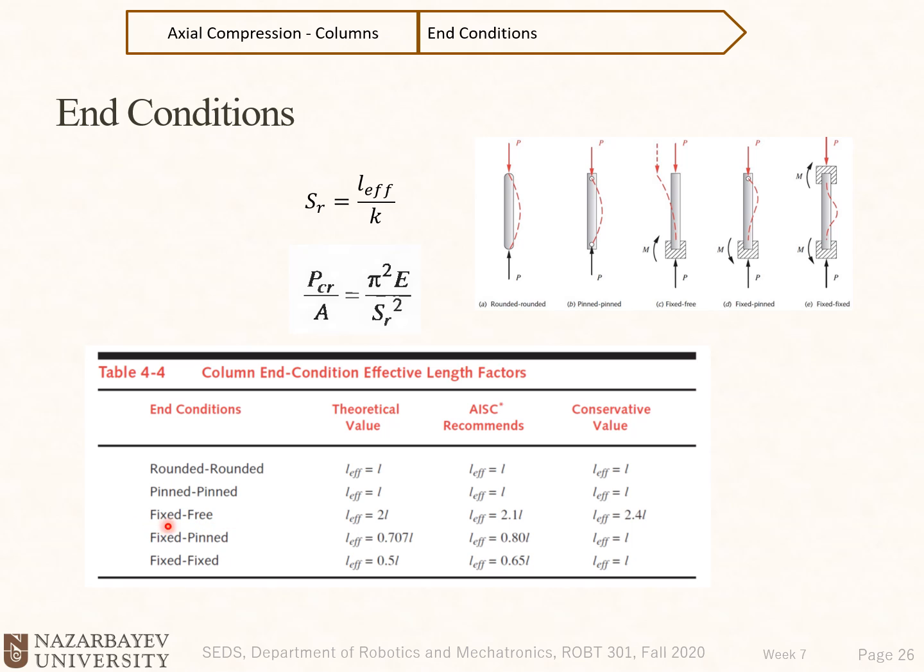For example, for fixed-free, for theoretical value, instead of basically L, we'll use 2L, so L effective will be equal to 2L, or for fixed-fixed, the L effective will be half of L, and then we'll use the same Euler formula to find P critical.